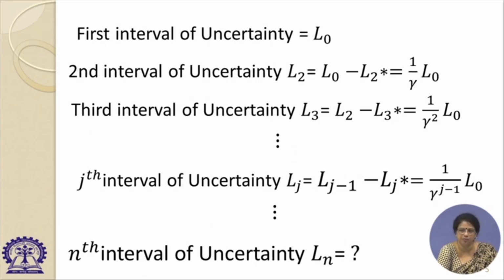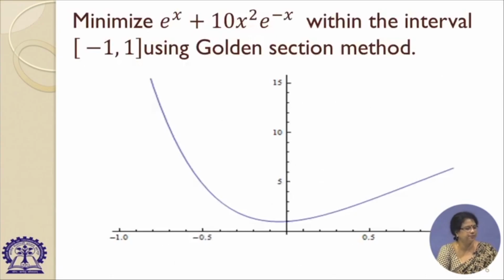I showed you in the previous lecture. That is why if I ask you what should be the length of the nth interval of uncertainty, very easily you can say that it must be Ln, and you can calculate the value of Ln. That way we will proceed in the golden section method. Other than this, nothing is there in this method, and we will just see the convergence.